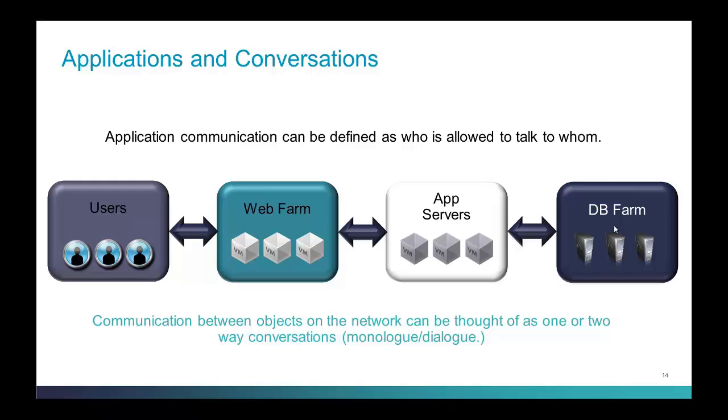So back to our user, web, app, and DB diagram, that's how most application guys think. This is a very generic terminology, but I think I said this in the first video, you don't have to go by it.